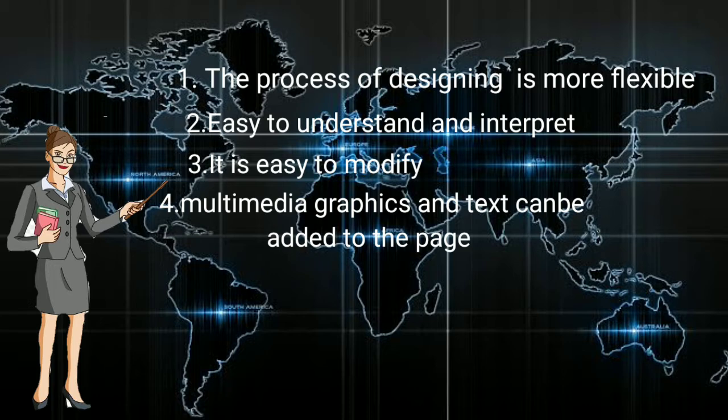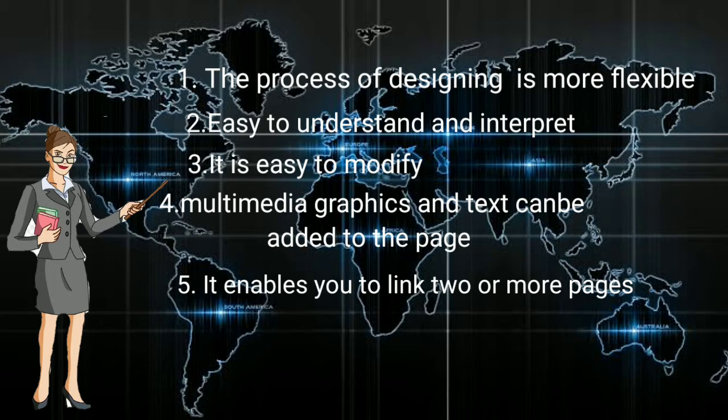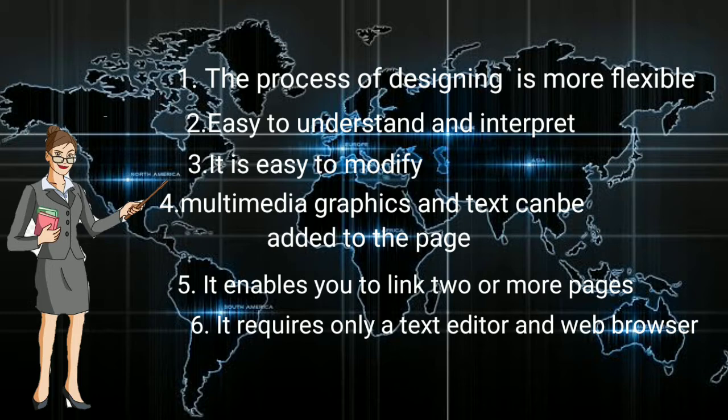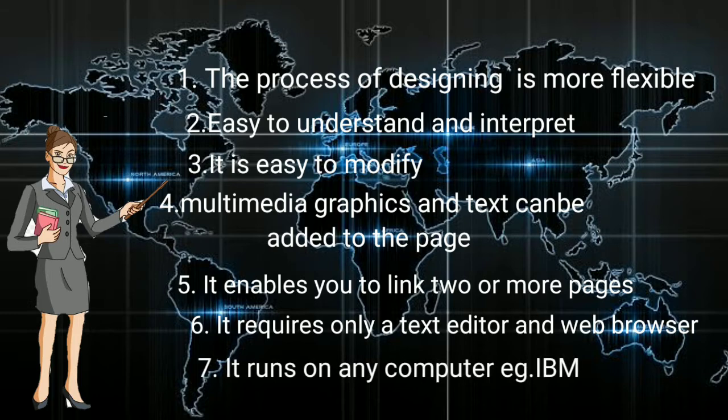Fourth, multimedia, graphics and text of different types can be added to the page. Fifth, it enables you to link two or more pages. Sixth, it requires only a text editor and a web browser. Seventh, it runs on any computer, example IBM.